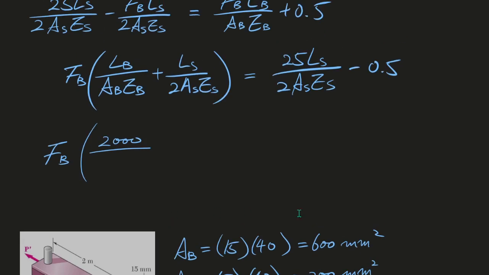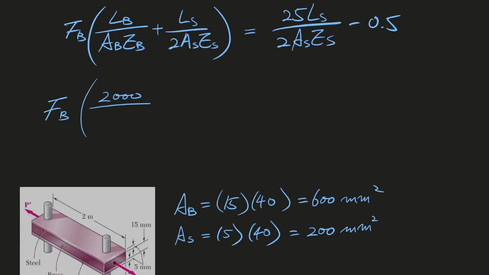Okay, so 2000 over Ab, which is 600, multiply the elastic modulus of it. I can just call that 105 gigapascal, plus 1999.5 over twice 200.